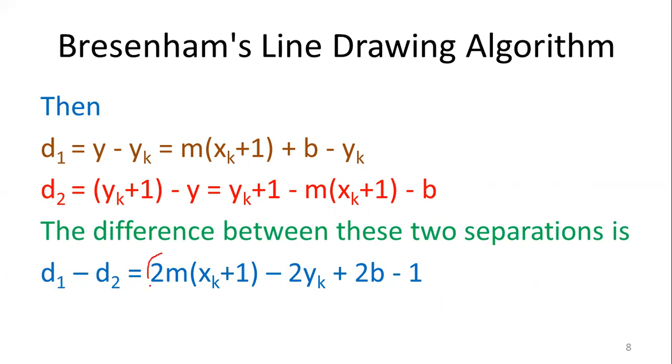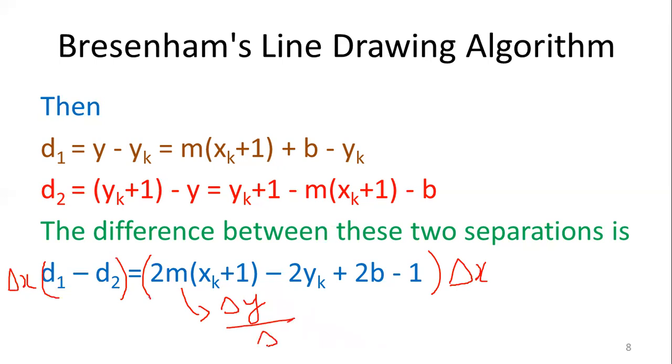Now I'm going to multiply this term by delta x, and I'm multiplying delta x on both sides. Since m is delta y by delta x, when you multiply delta x on both sides, this delta x in the denominator will cancel out.